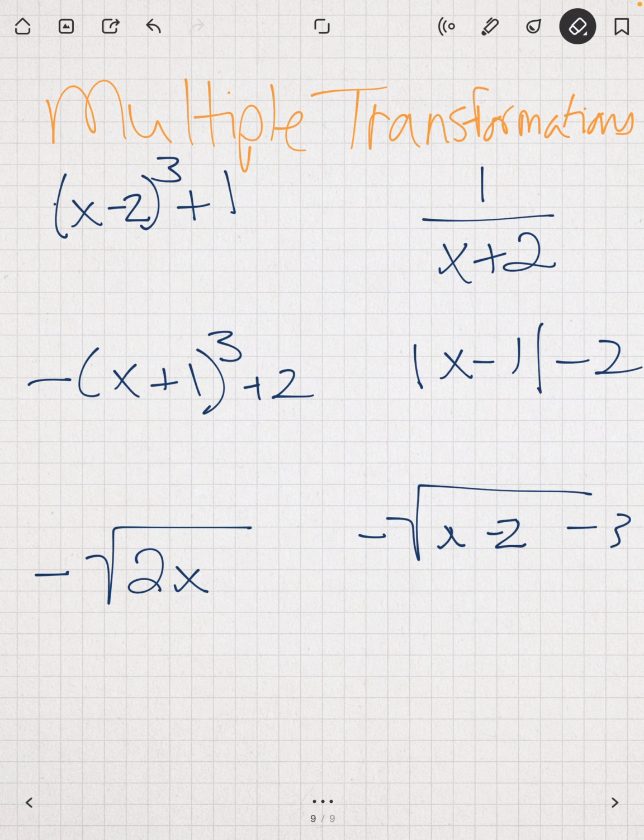And that minus 3 is outside, and so if you're handwriting, a trick I always use is I put this little drop on the end of my square root, so I remember that negative 3 is on the outside.